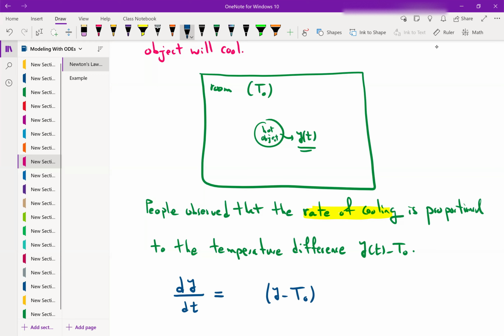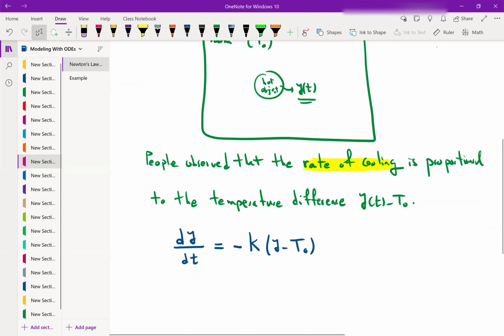I'm going to denote my constant by negative k to emphasize that this constant must be a negative number. In a moment, I will explain why we should expect this.